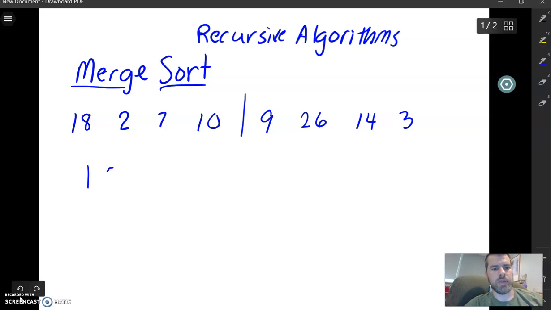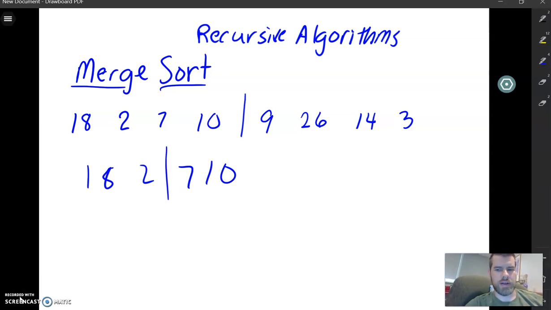and so we call merge sort on 18, 2, 7, 10. What merge sort does is it splits it in half, and it calls merge sort on each half of that array. And so merge sort gets called on 18 and 2, and it gets split in half. And then once you're down to a size of 1, obviously you can't split that in half anymore.